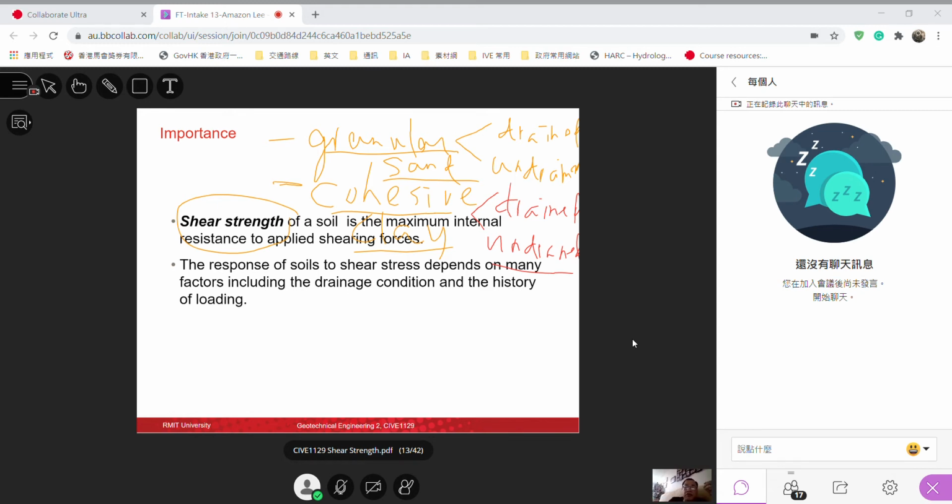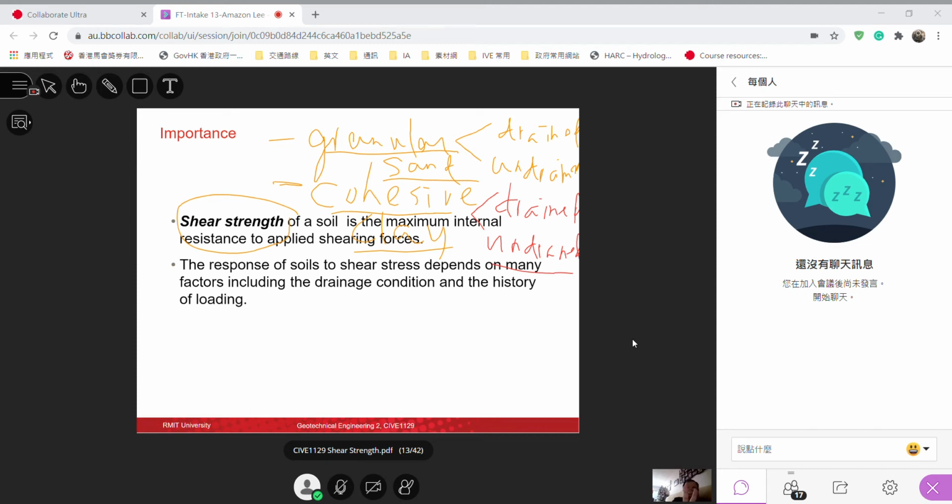So when we're talking about determining the shear strength of the soil, first we need to know, is it granular material or is it cohesive material? You have to pick out these two as different first, because they are different, they will result in highly different behavior.